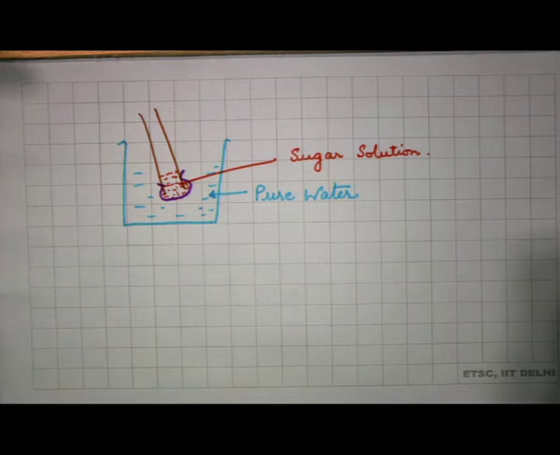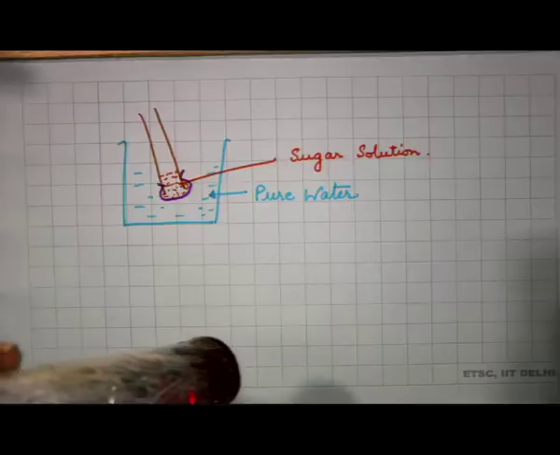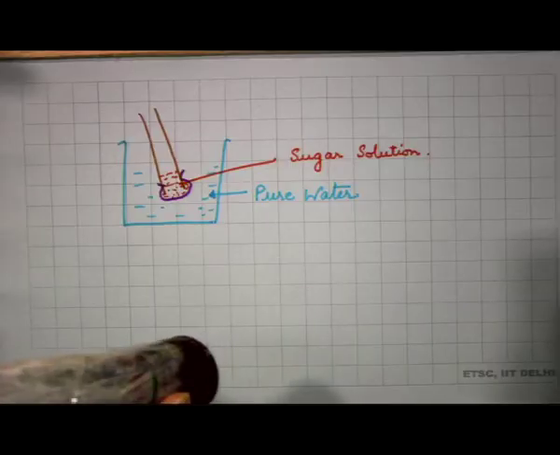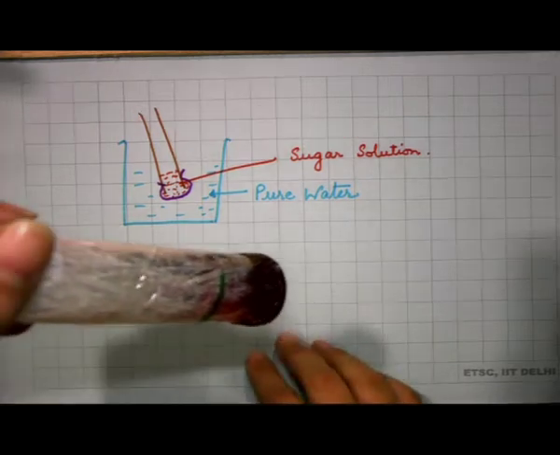So, only some time has passed and we can see that the amount of water has already increased in this test tube. It is well above the green mark. Can you see it here?